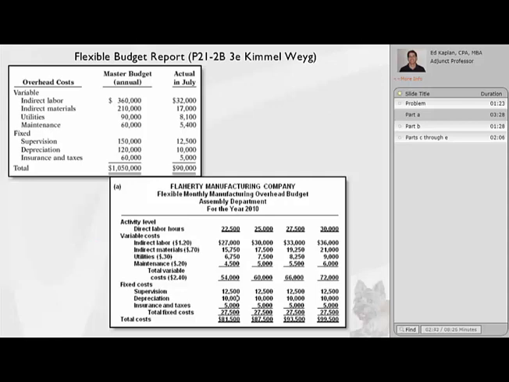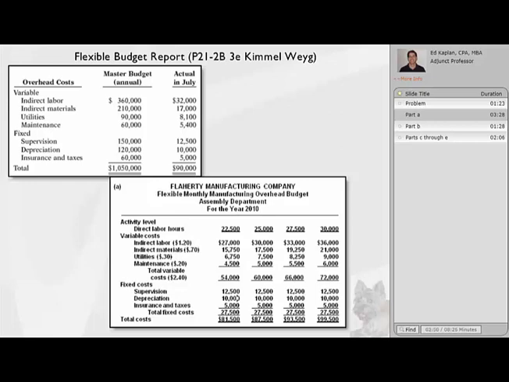Then we go through this same procedure for indirect materials, utilities, and maintenance. All of these were variable cost. We had the total dollar amount. We knew how many direct labor hours were used, and we're able to derive the cost per direct labor hour.